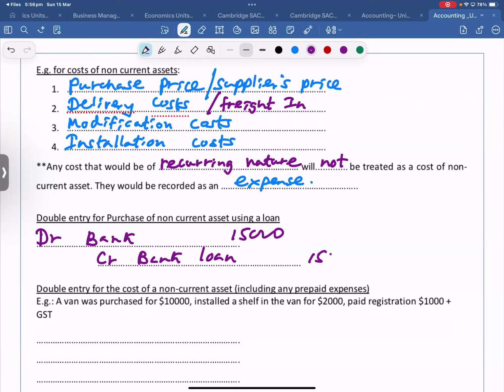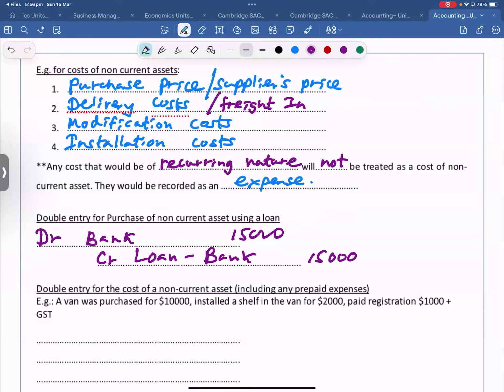Still bank loan. Wait, shouldn't the purchase of a non-current asset be a debit to the non-current asset, and then you pay the loan for this one?